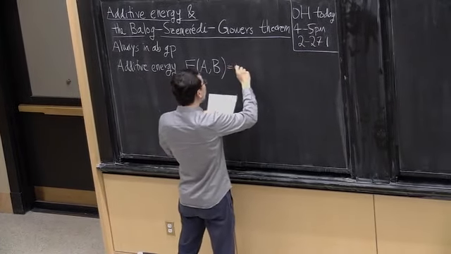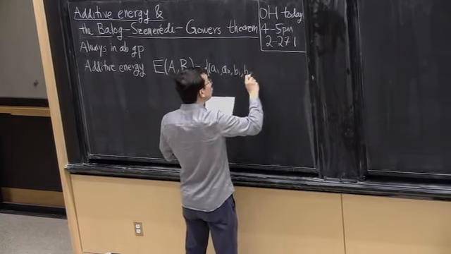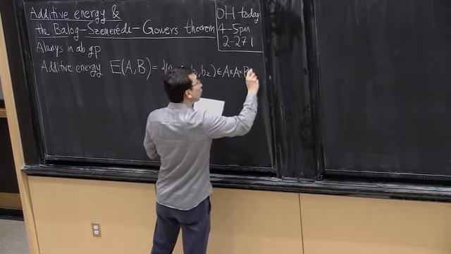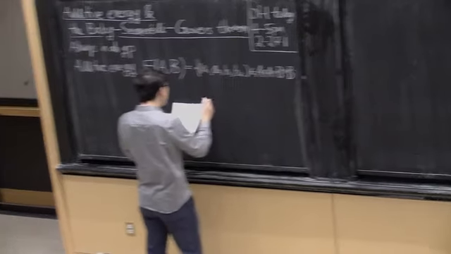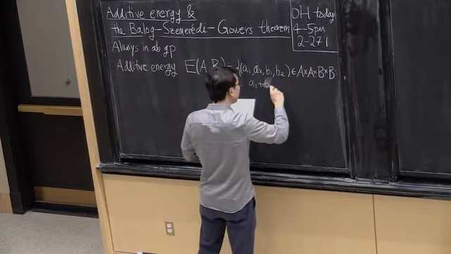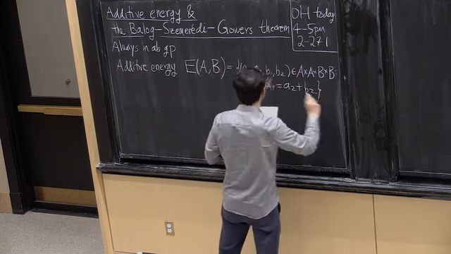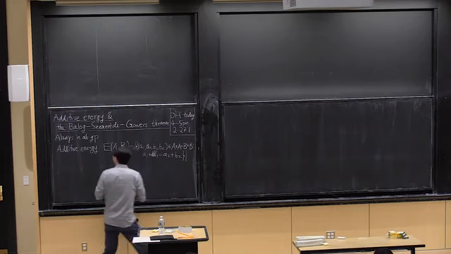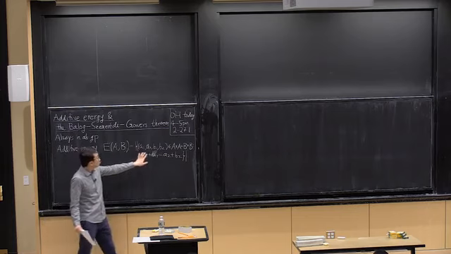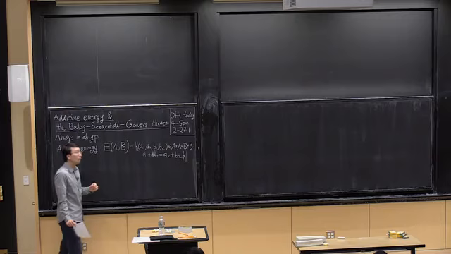E of A and B is defined to be the number of quadruples (a1, a2, b1, b2), where a1 and a2 are elements of A, and b1, b2 are elements of B, such that a1 plus b1 equals a2 plus b2. So the additive energy is the number of quadruples of these elements where you have this additive relation.